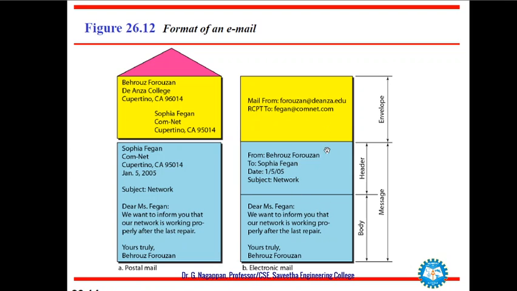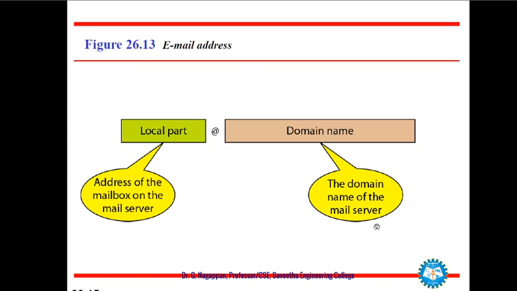Whatever mail you send in GUI mode will be converted to this format and sent with from, to, the email IDs, date, subject, and the corresponding message and signature, that is the body and the header of the message, and this is the envelope. So this is the format of an email.